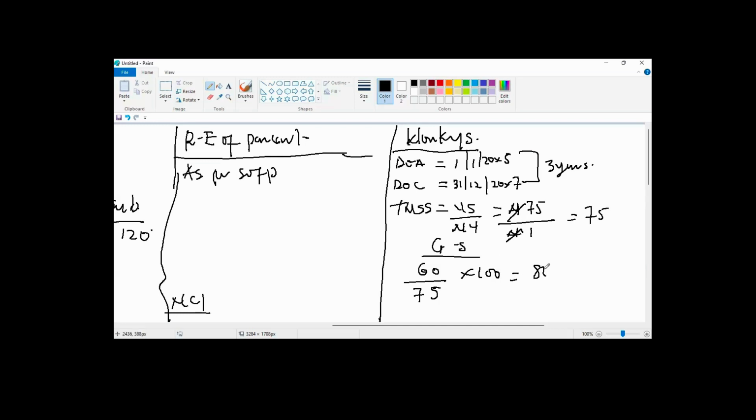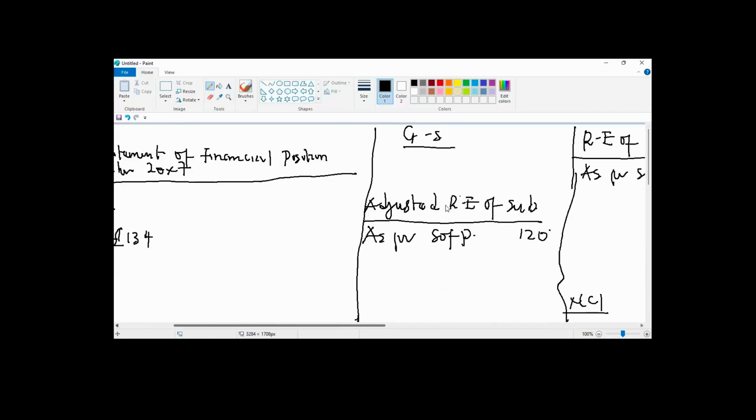Yes, sir. So I can fill in the gap. I've known the group structure by saying parent 80%, NCI 20%. This is what he said in additional information 1. That will be of interest to me.